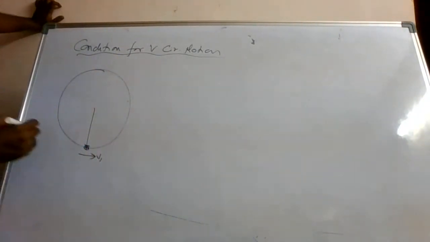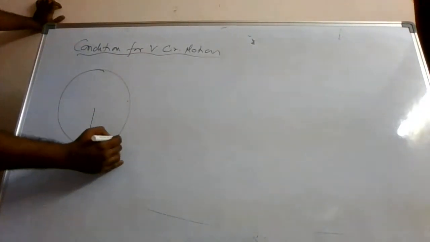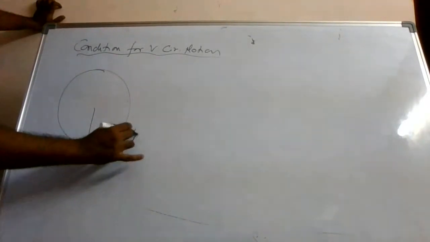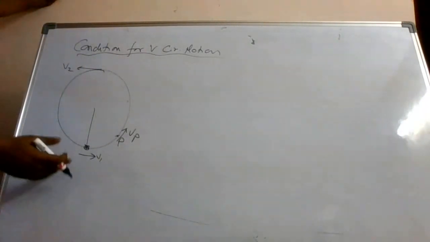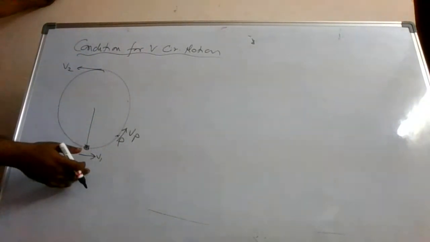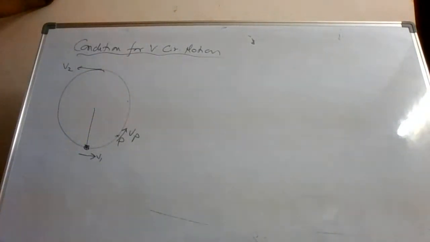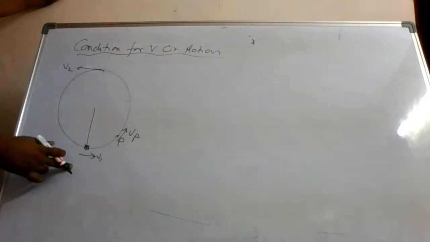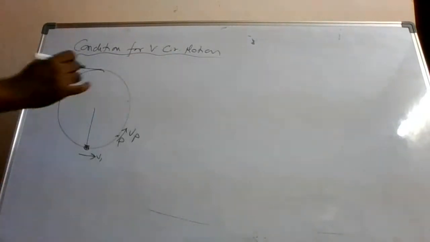Let us say the speed here is v1, at a particular point p the speed is vp, and here the speed is v2. What must be the conditions? How much should v1 be, how much should v2 be, so that this vertical circular motion happens? Can these two speeds be equal? They can be equal. That we will discuss once we derive an expression for the condition so that this vertical circular motion happens.